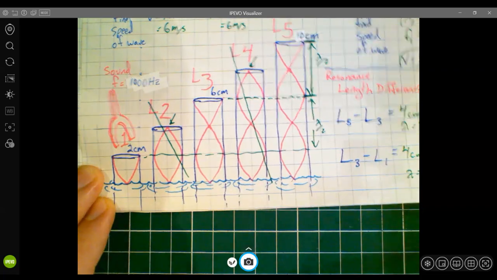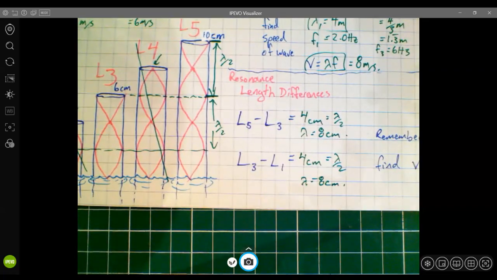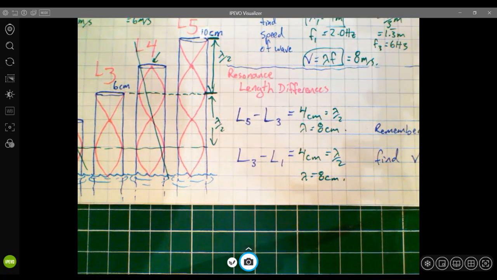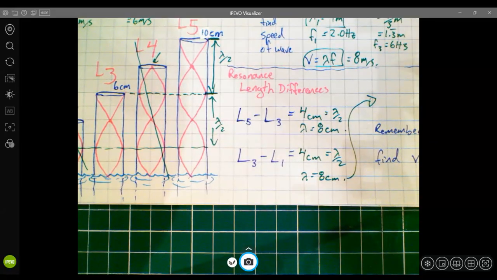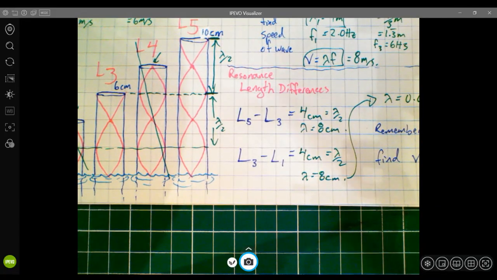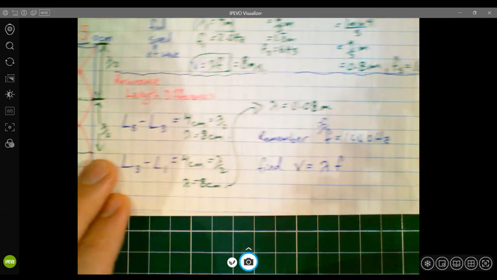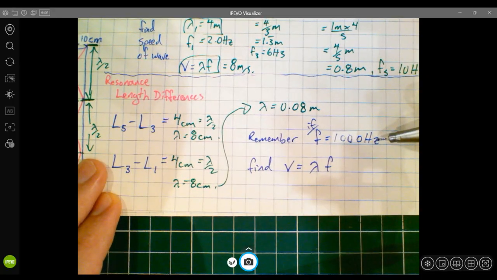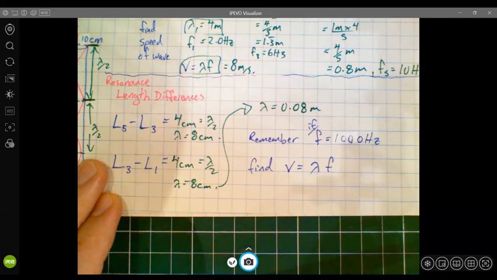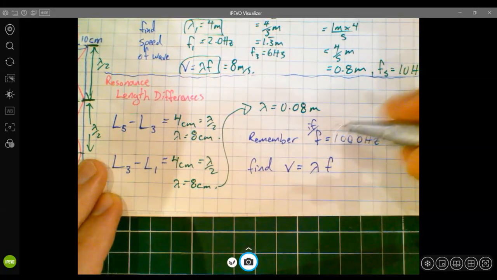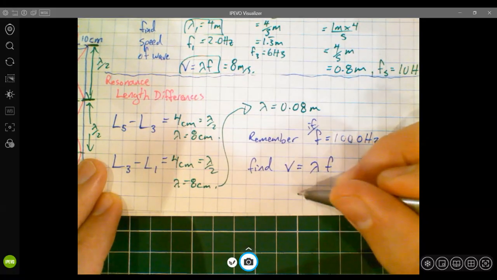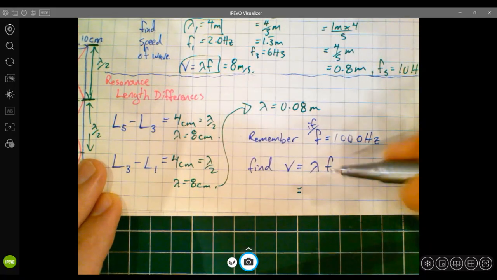Now just converting over to SI units here, recall that we would maybe want to write lambda as 0.08 meters. But then also recall that the frequency was 1,000 hertz. So if I wanted to calculate what the speed of sound inside of that air column was, v is equal to lambda f.